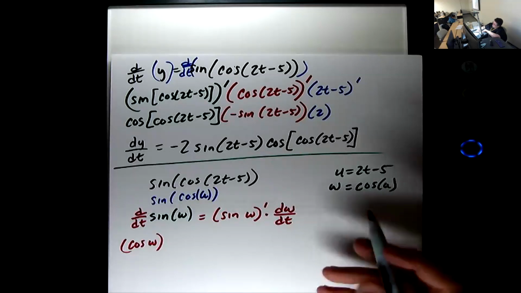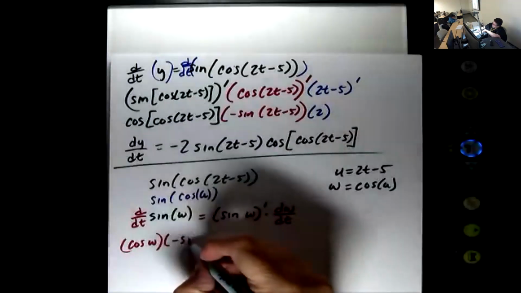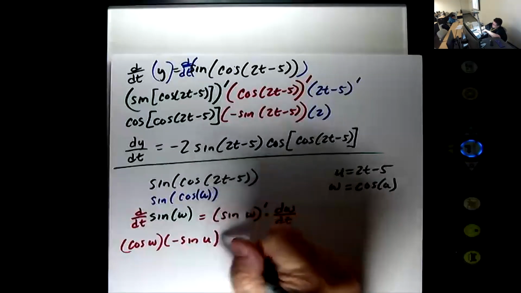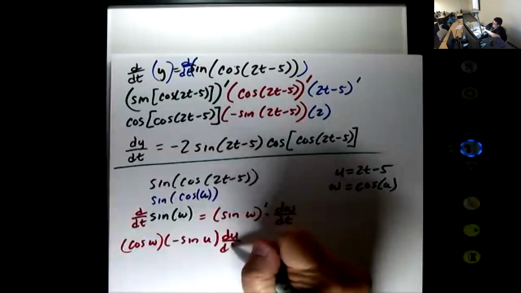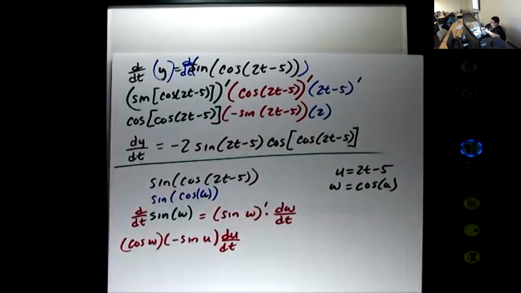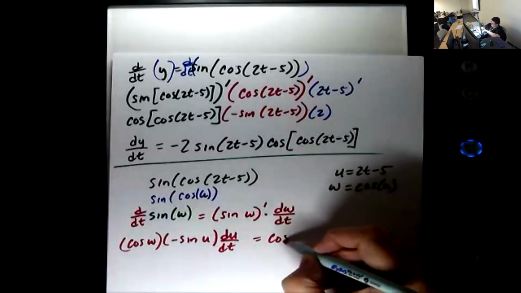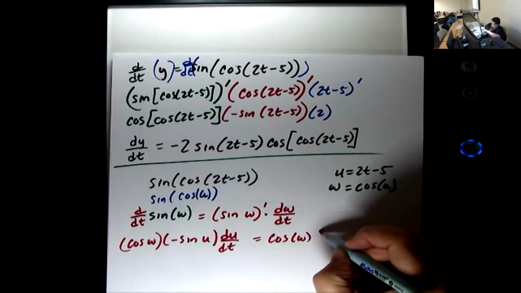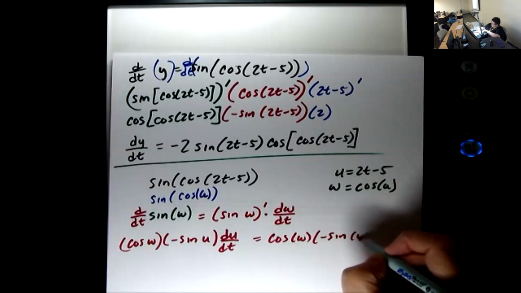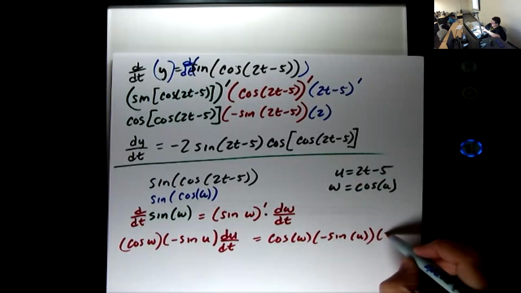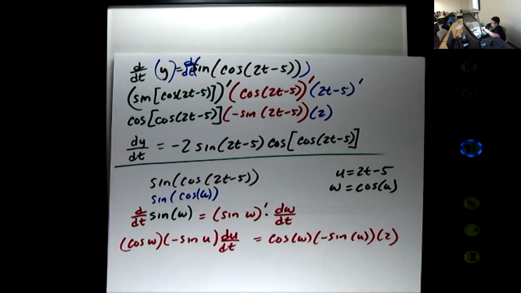The derivative of cosine is negative sine, so this is negative sine of u times du dt. That ends up being cosine w times negative sine u, and du dt is 2.